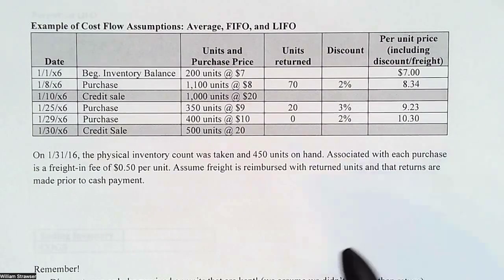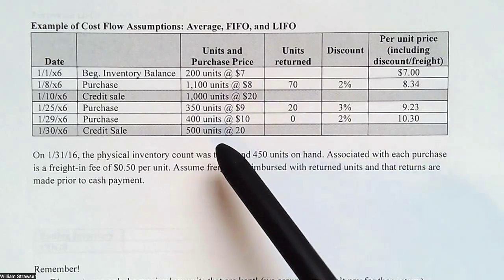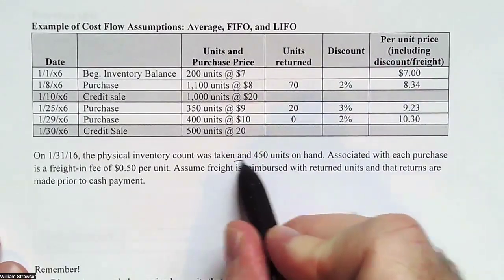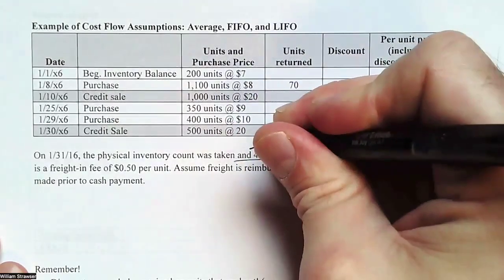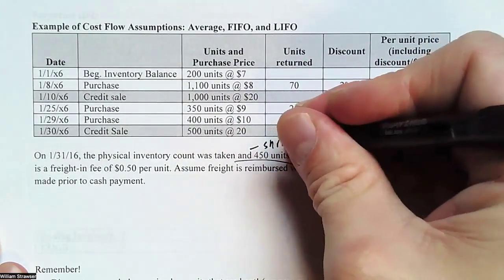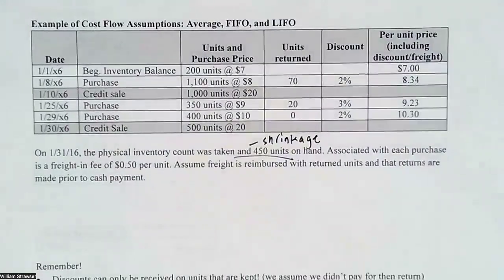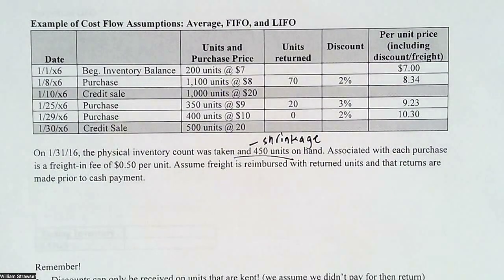It says that on January 31st, 2016, a physical inventory count was taken and there were 450 units left on hand. This is going to be important for us to check when we're thinking about shrinkage, because we're using the perpetual method, we can record shrinkage. So we need to think about, does that number coincide with the reality of my purchases and sales?